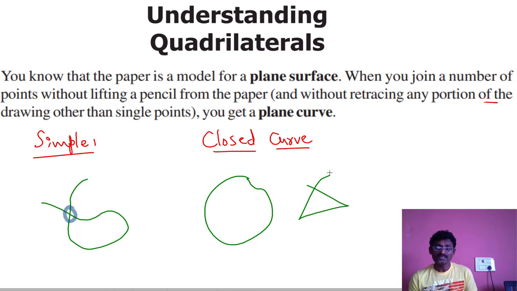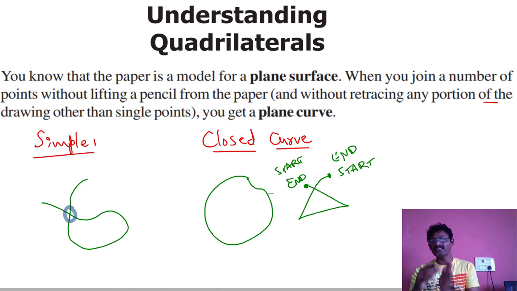But here we can say this one is the starting point and this one is the ending point. It doesn't matter, we can recognize one point as the starting point and another point as the ending point. So it is not a closed curve.